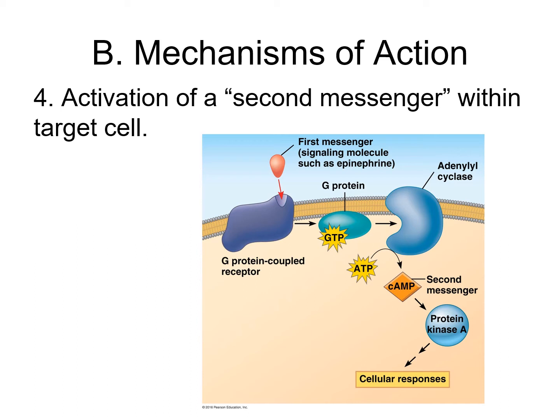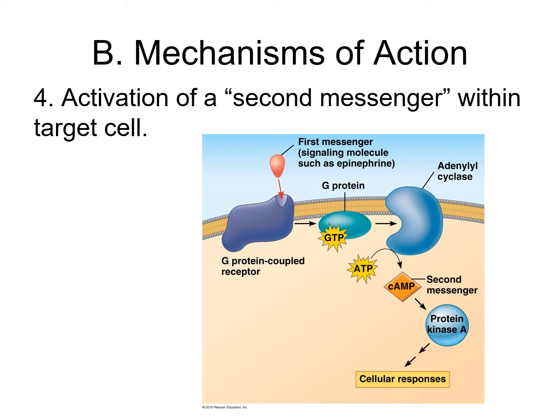Second messengers are non-proteins, whereas the signal transduction relay molecules are all proteins. All right, so in this example, we have the binding of the hormone to the receptor. The receptor activates a membrane-bound G protein. The G protein moves over and binds to a membrane-bound enzyme called adenylate cyclase.